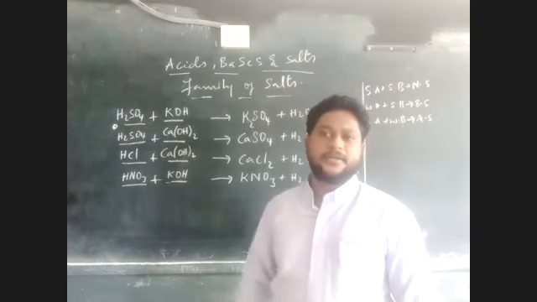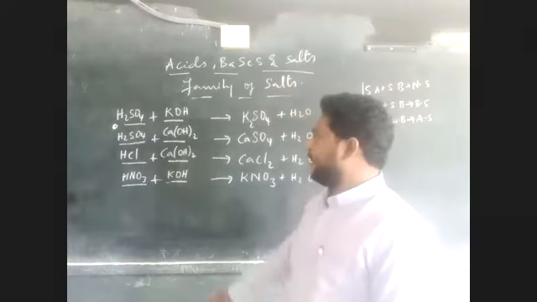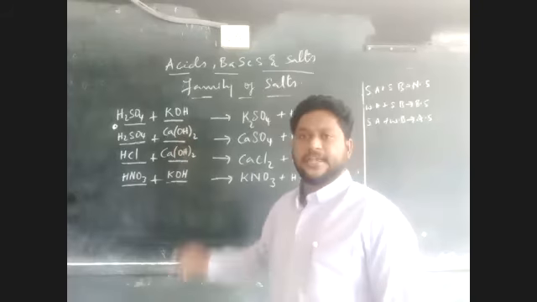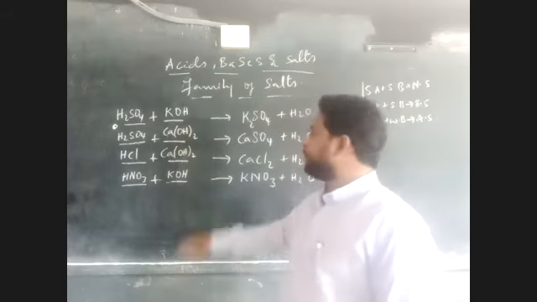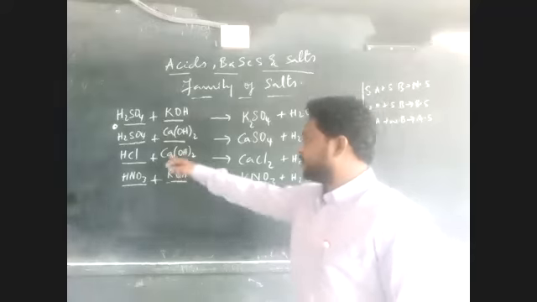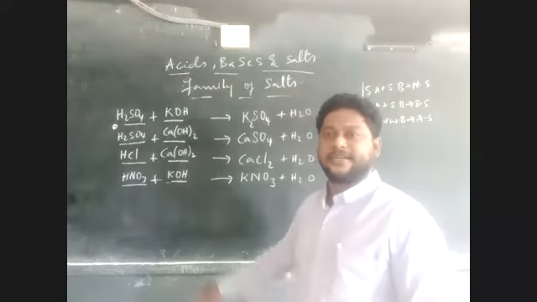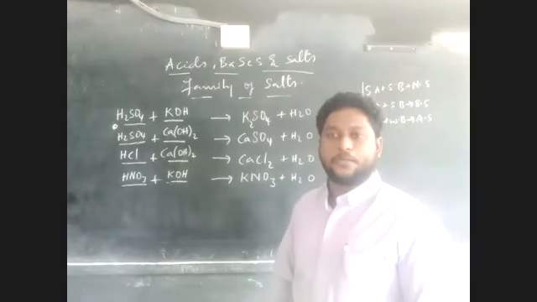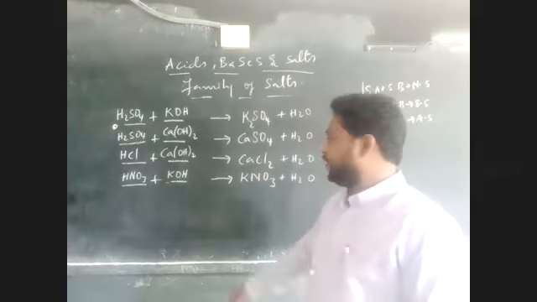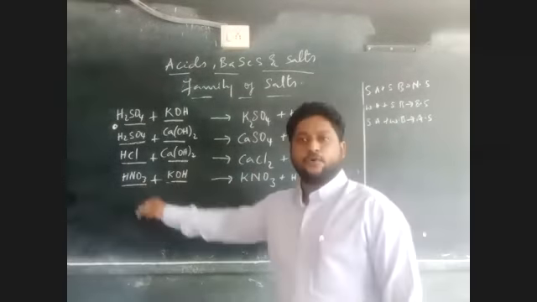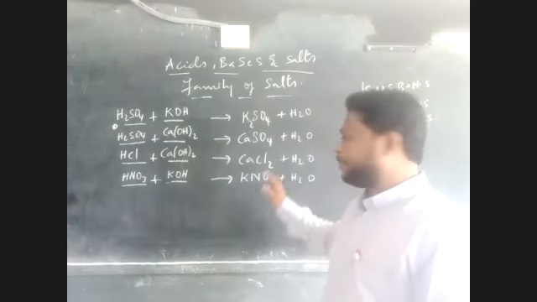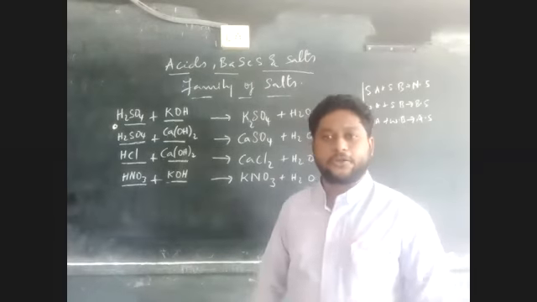It is a neutral salt. The next, sulfuric acid is a strong acid and Ca(OH)2 is a weak base. So the obtained salt is the acidic salt. The next, HCl is a strong acid and Ca(OH)2 is a weak base. So the obtained salt is the acidic salt. The next, HNO3 is a strong acid, KOH is a strong base. So the obtained one is a neutral salt.